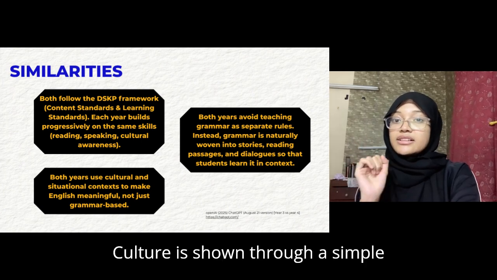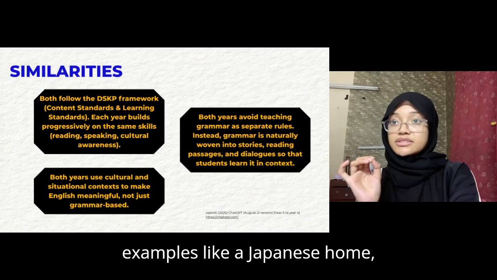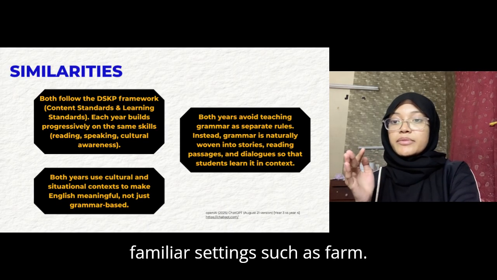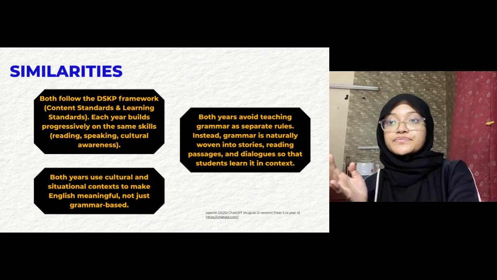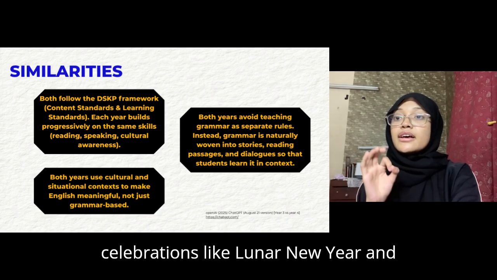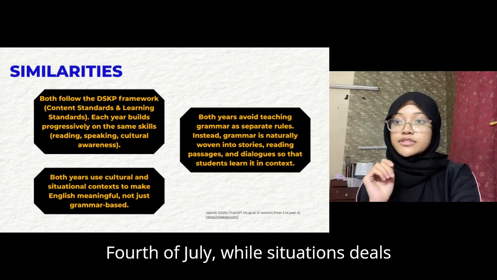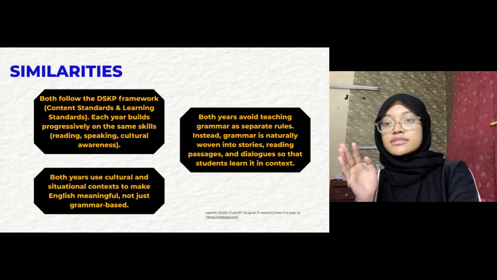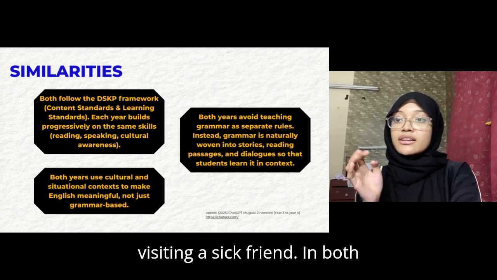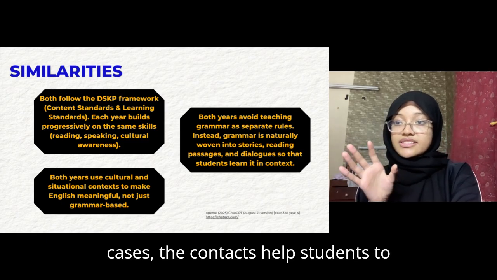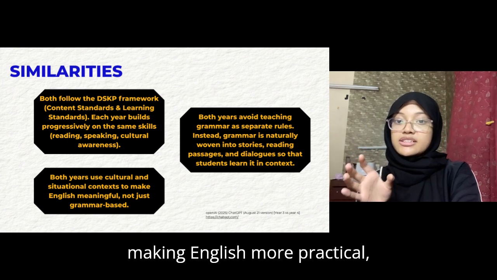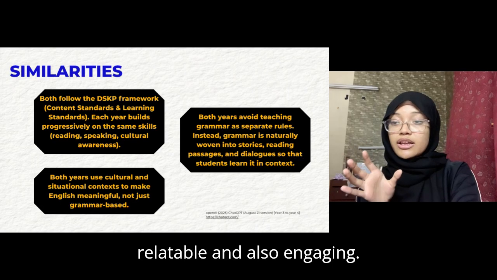In Year 3, culture is shown through simple examples like a Japanese home, while situations come from familiar settings such as farms. In Year 4, culture expands to global celebrations like Lunar New Year and 4th of July, while situations deal with social issues like visiting a sick friend. In both cases, the context helps students to connect language to real life, making English more practical, relatable, and also engaging.